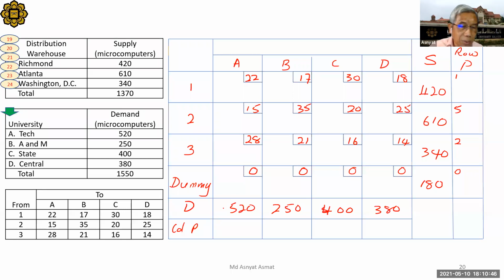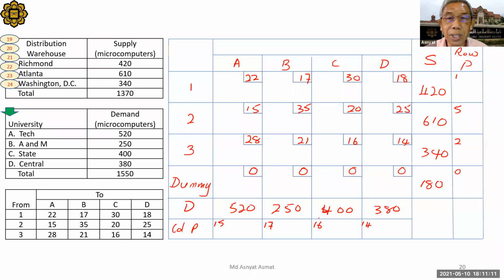The zero has to be considered. This one considered lowest: 15. Then 17, 16, 14.